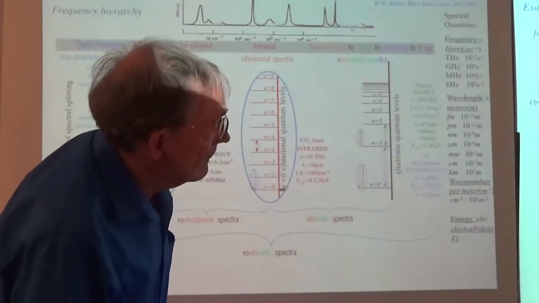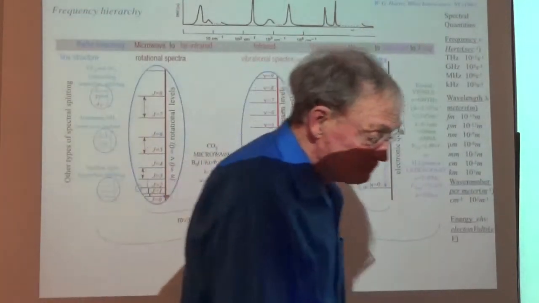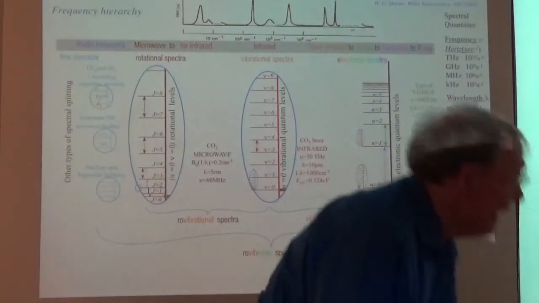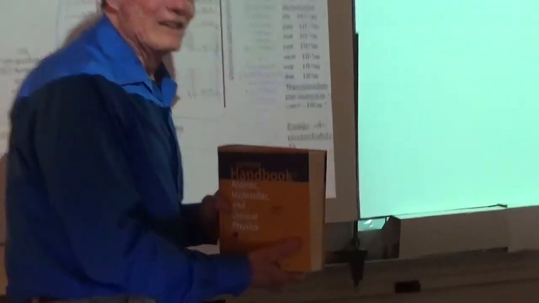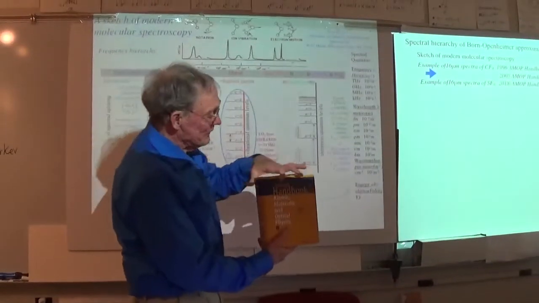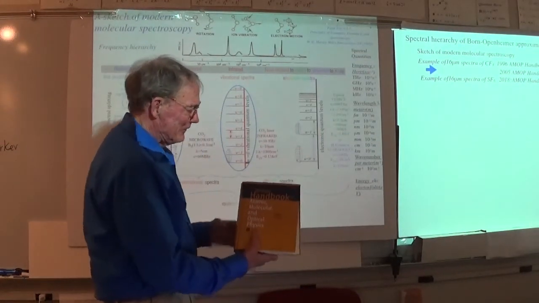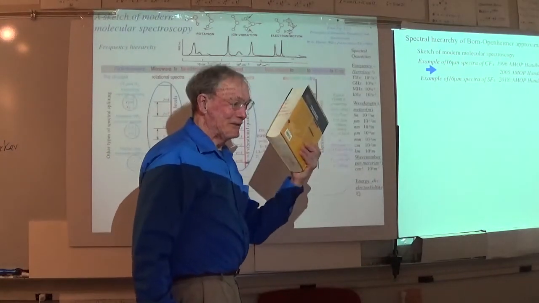Now, the result of doing that over a period of time resulted in another handbook. This particular one is from 2005, and this time it's Springer, German, okay? I mean, this is a two-handed book, just barely lifting it up.